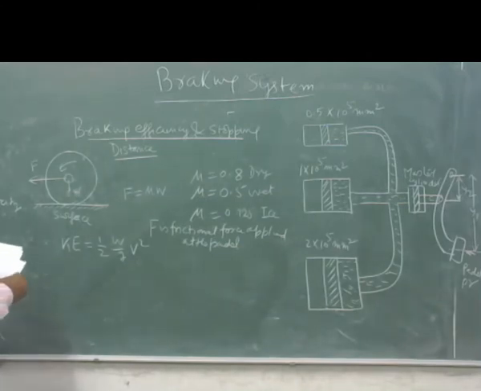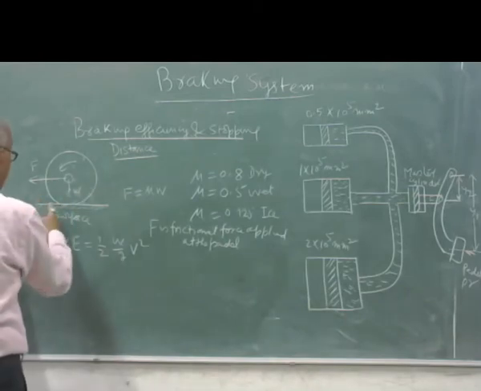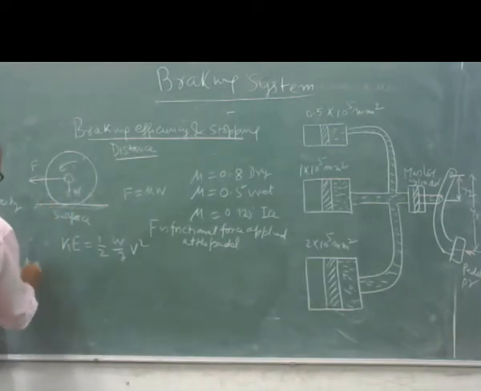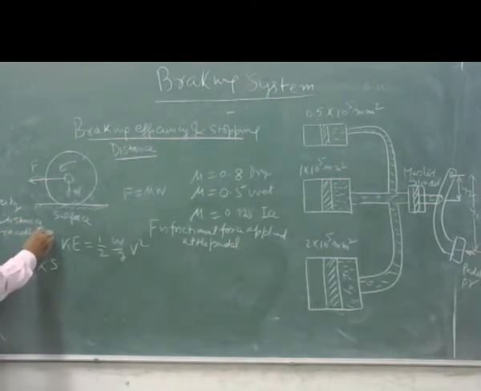Now this kinetic energy equals the force which is being applied times the distance traveled, that is F into S, where S is the distance traveled when you apply the brake.